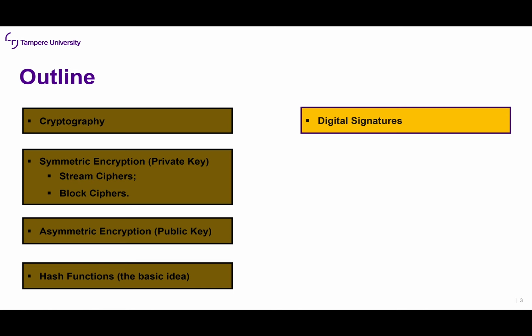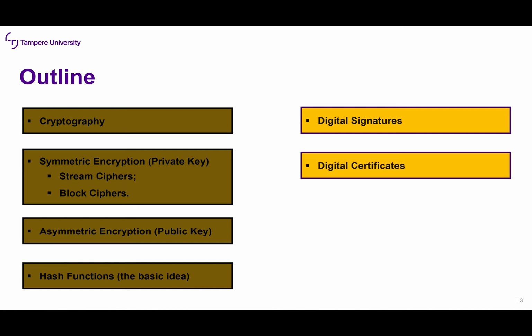And signatures are an important concept of public key cryptography. They were also invented by Diffie and Hellman in the same paper that they published in 1976 that invented public key encryption. However, again, the same story: the first practical system was due to the RSA guys, Rivest, Shamir, and Adelman. So after digital signatures, in the next videos, we will talk about digital certificates and how they are connected to each other.